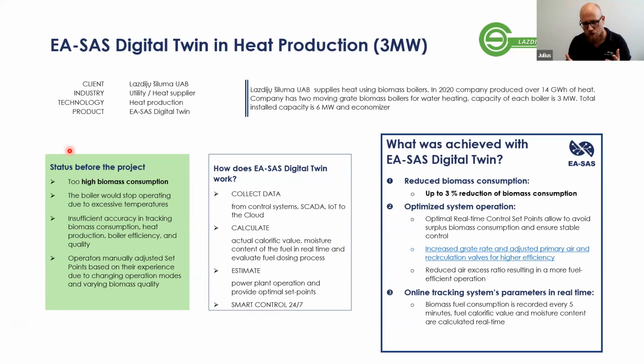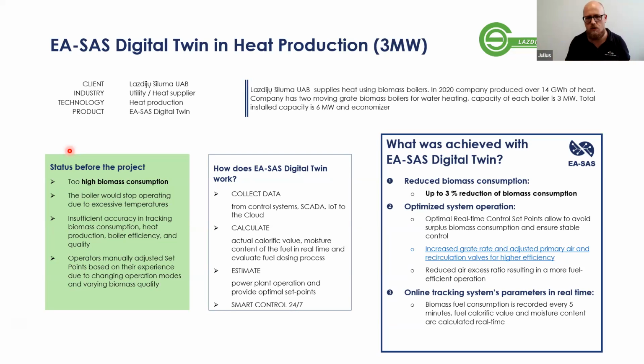So what we did is we started as an advisor in their case in order to find the correct amount of fuel that should be brought into the power plant. What is the correct amount of primary air? Which zones should the primary air come in through, and what about the recirculation valves?